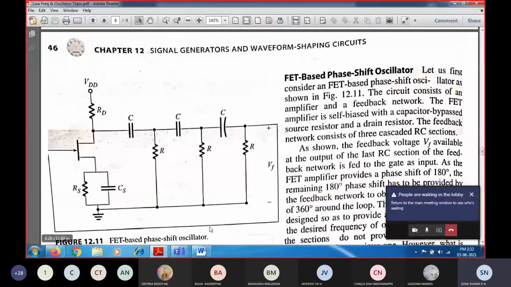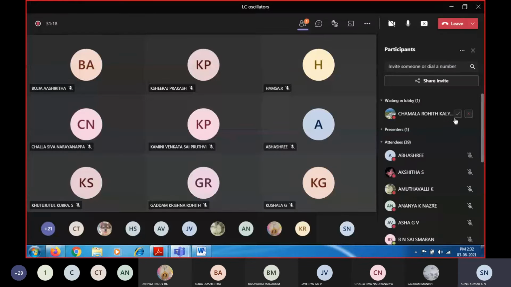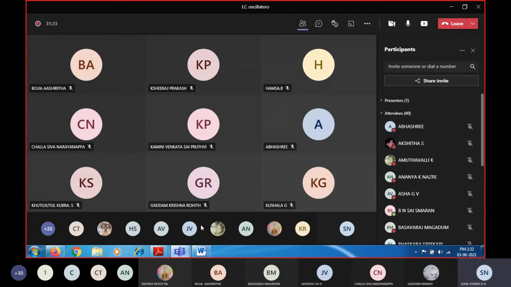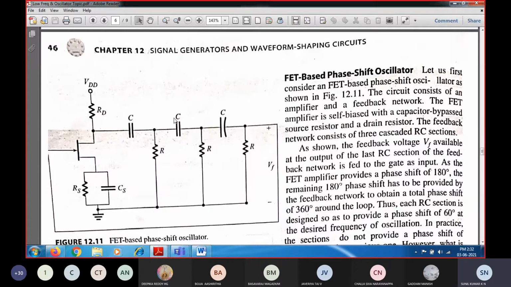Here is a given circuit. Whatever we use as the RC phase shift network is used as the feedback network for this circuit.